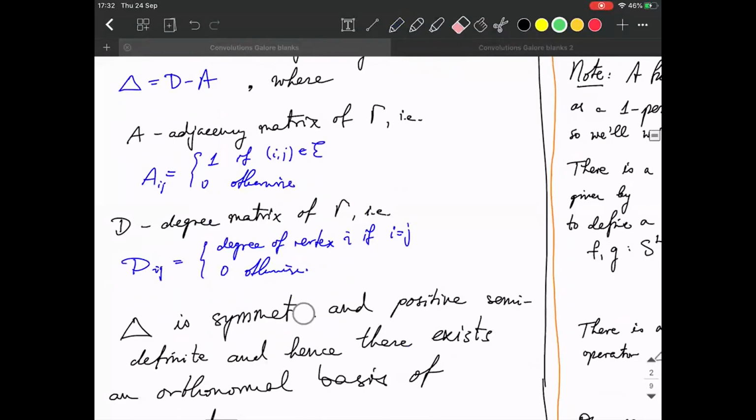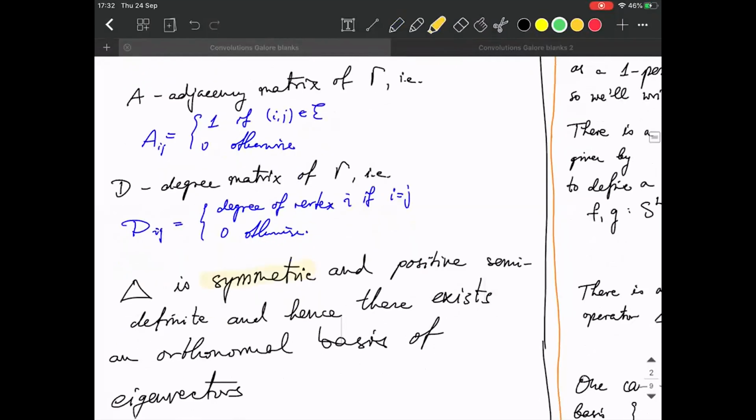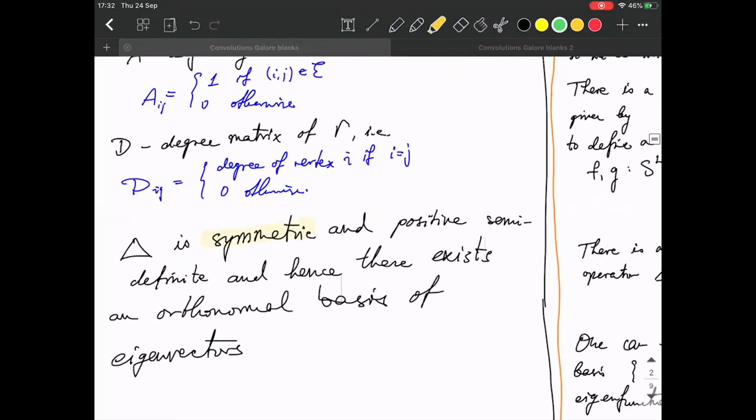With a little bit more work, we can show that it's positive semi-definite, so all of its eigenvalues are non-negative. But the fact that it's symmetric tells us that we can diagonalize it. And we can diagonalize it orthogonally, so that there exists an orthonormal basis of eigenvectors.